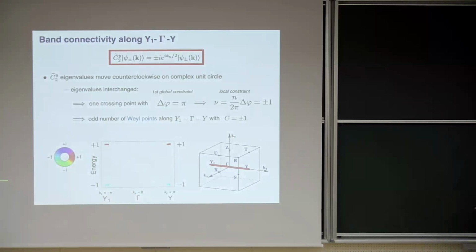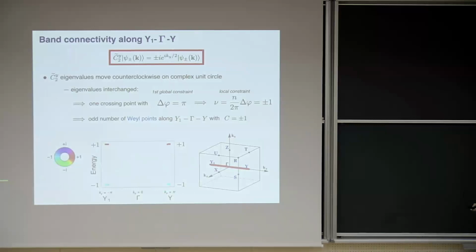And we must somehow connect these two states as we go through the Brillouin zone. But the point is that because of this phase factor, you pick up a phase. So as you move along this ky axis from ky = -π to ky = +π, you pick up this phase.